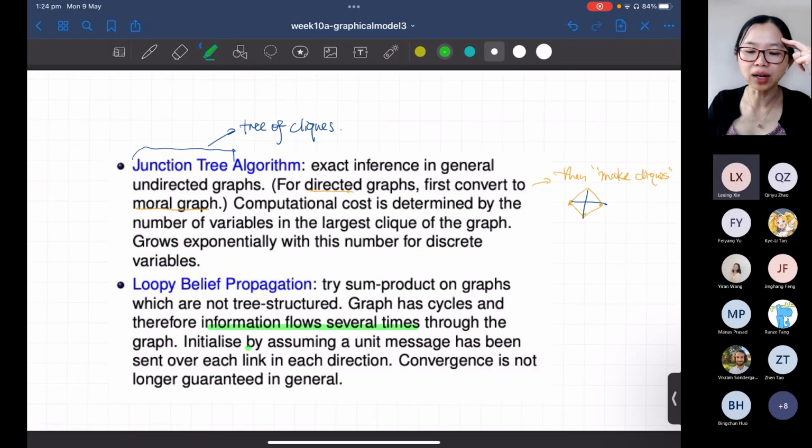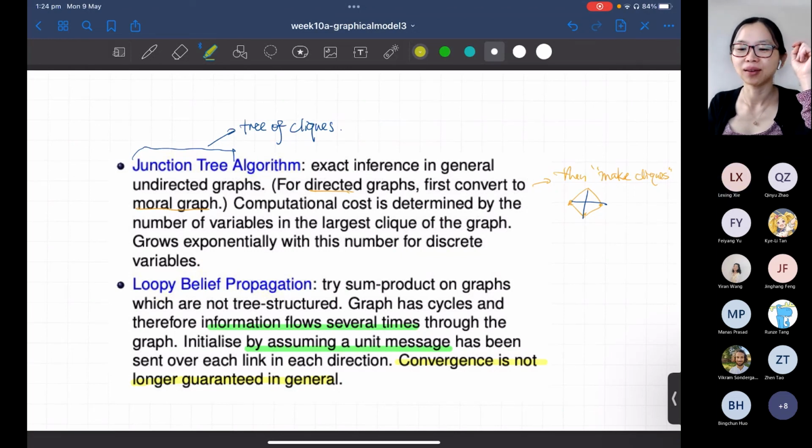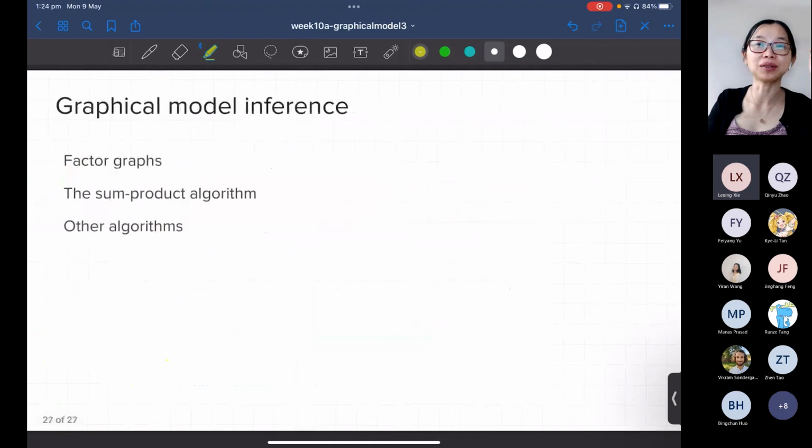We can initialize by essentially assuming a unit message. What this means is that convergence is no longer guaranteed in general. We can still do this, but we might not get the correct marginals. We might still get useful information. So that's pretty much it.